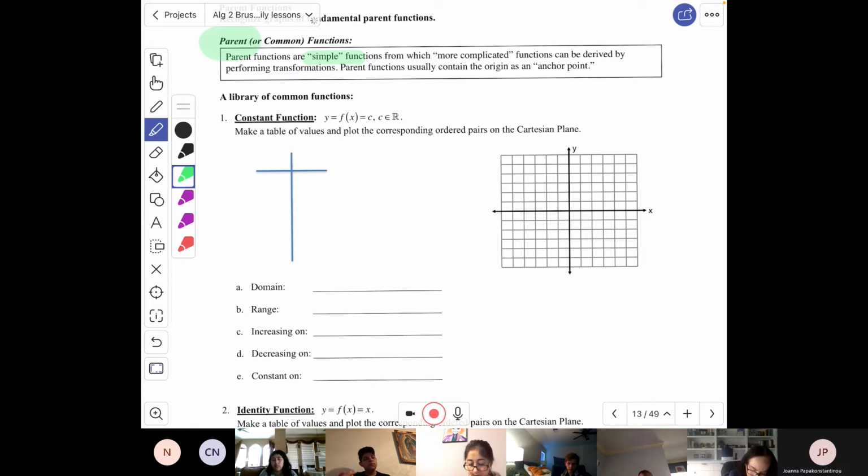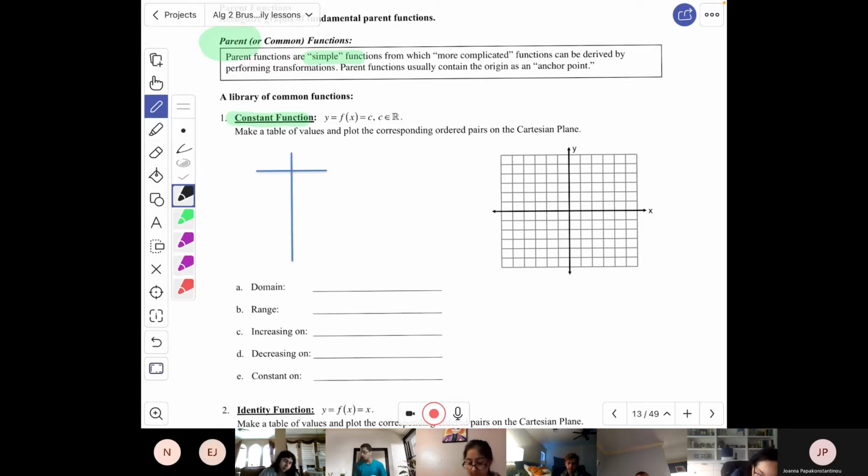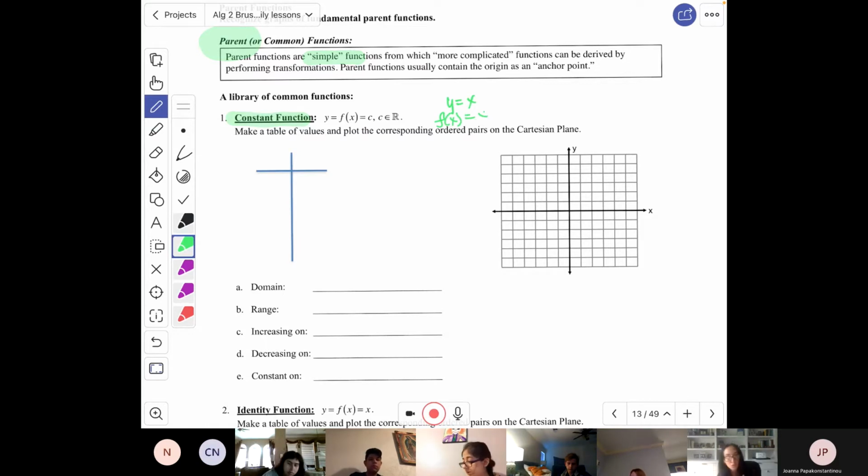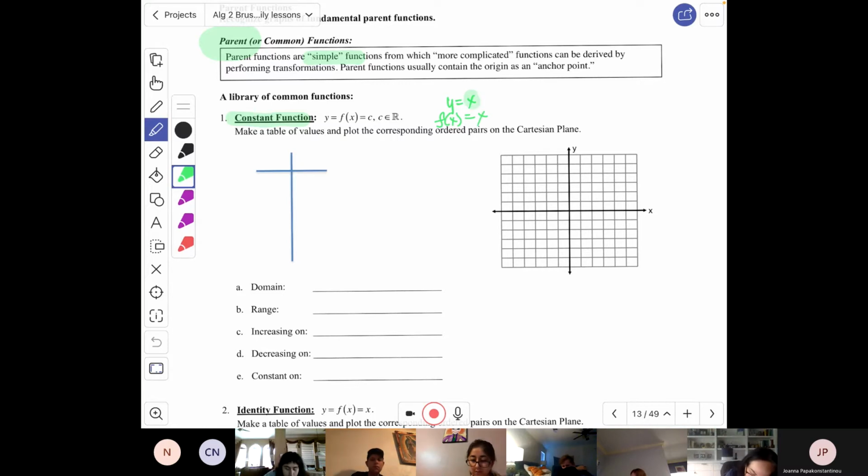The first parent function I would like to talk about is the constant function. We can either write y equals c or f of x equals c. It depends on whether you want to write it in function notation or not. Now, that c on the right-hand side is just a constant.